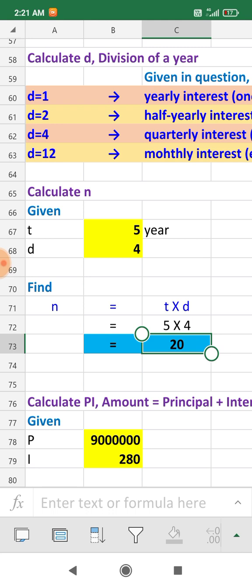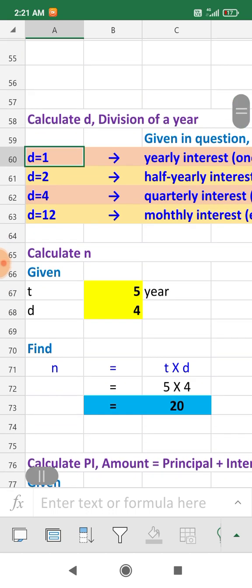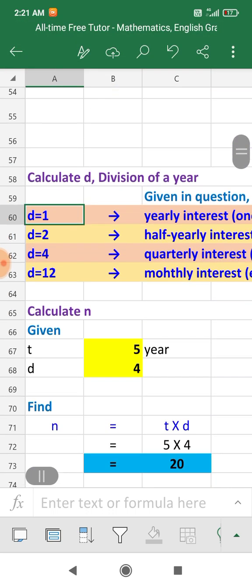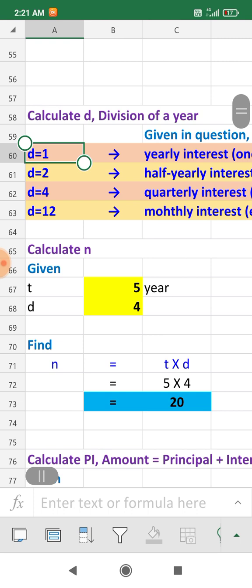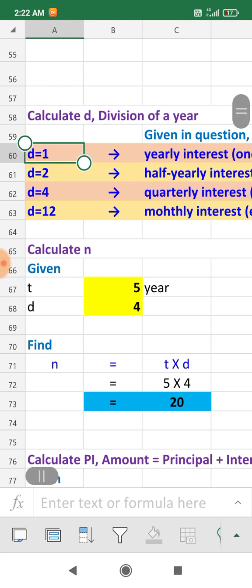That means if D is equal to 1, the formula of compound interest and simple interest will be exactly the same. Exactly the same formula. No change. In this way we can calculate N.